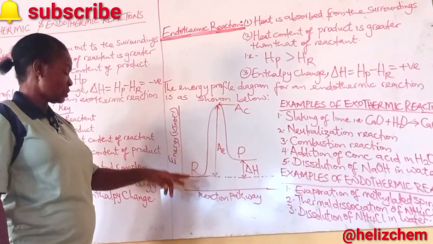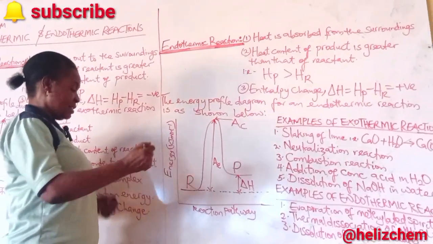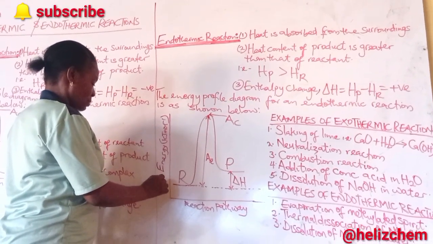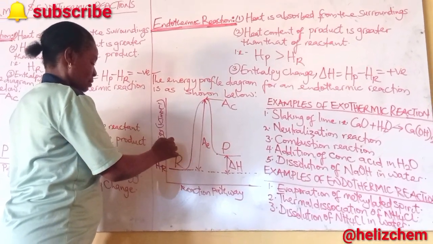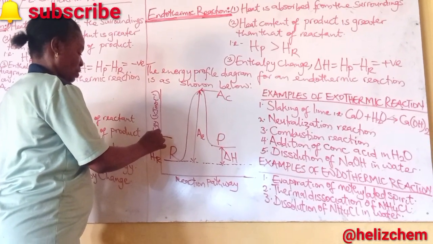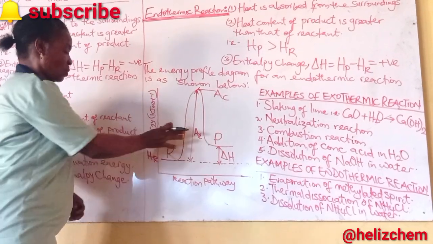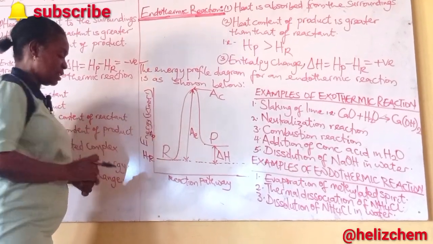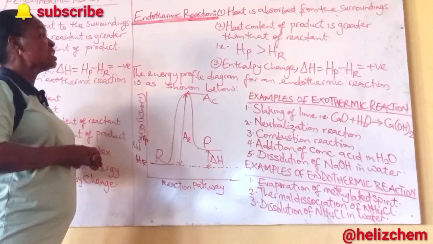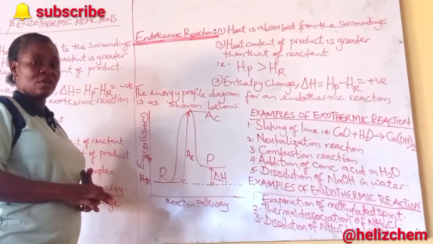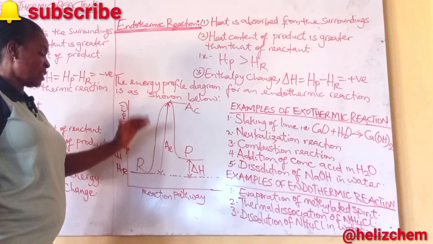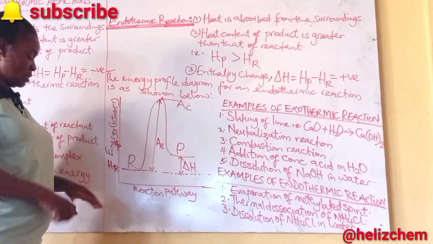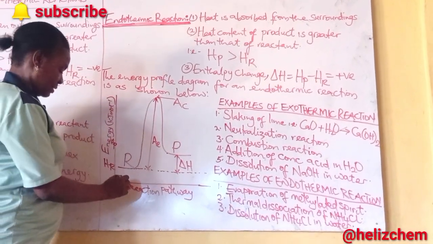In endothermic reaction, just like I said, the HR is lower than HP. That is, HP is always greater than the HR because heat is being absorbed from the surrounding. And that is why the shape of an endothermic reaction is always like this.